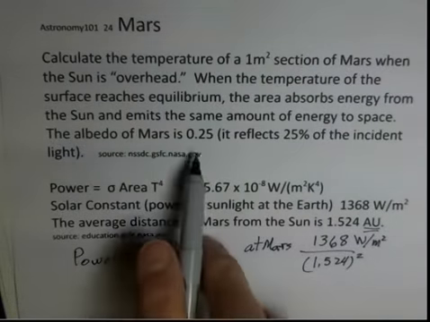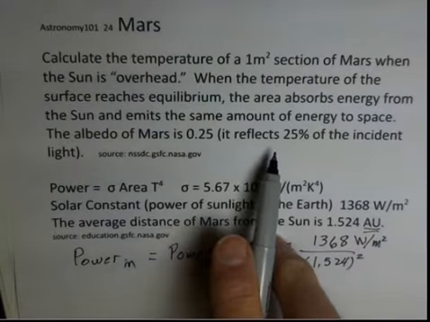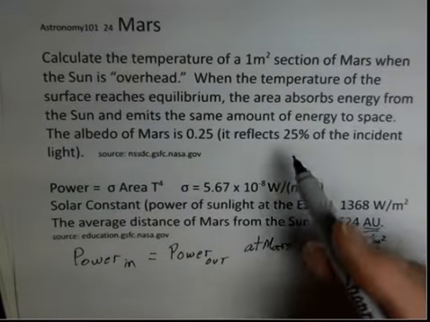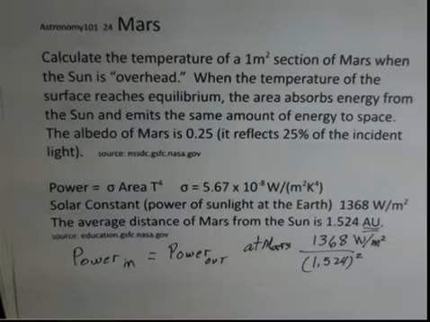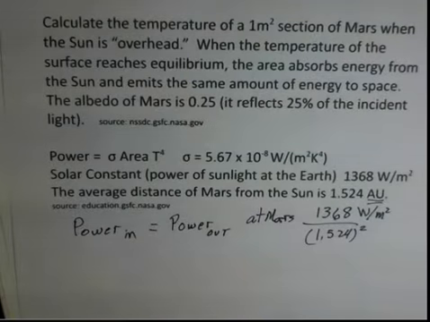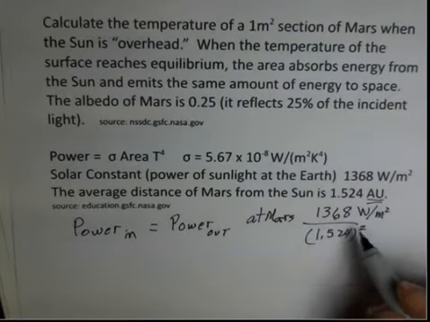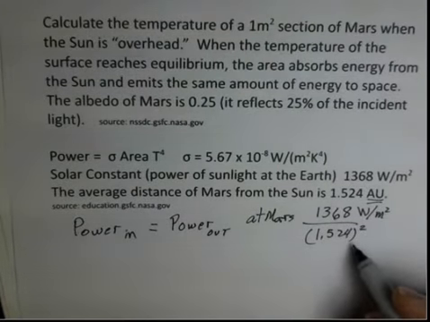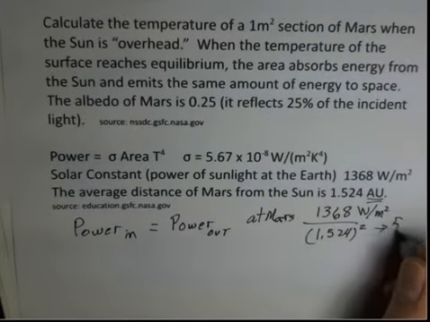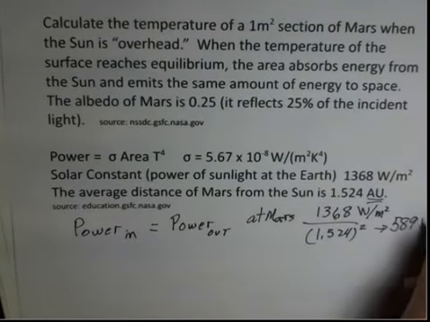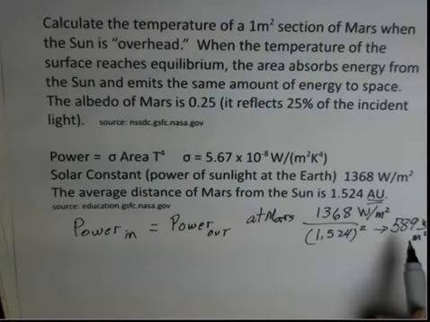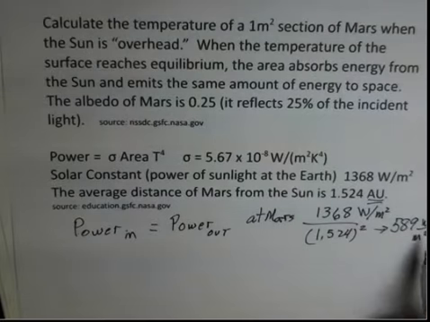Then, at Mars, it's not absorbing all that light, so we'll have to just absorb 75% of that light. 25% gets reflected. So let's go ahead and write down our equation here. This 1368 divided by 1.524 squared becomes approximately 589 watts per meter squared. That's the solar constant available at Mars, 589 watts per meter squared.